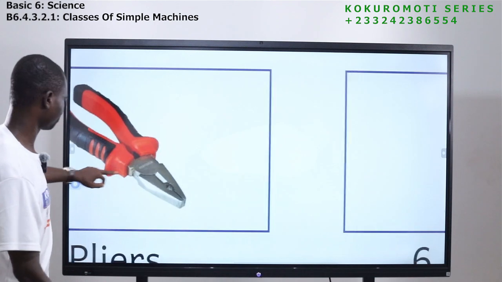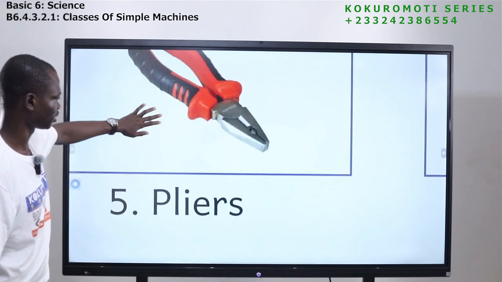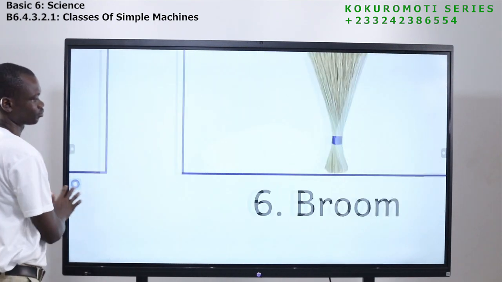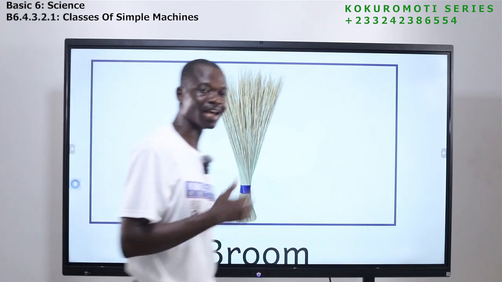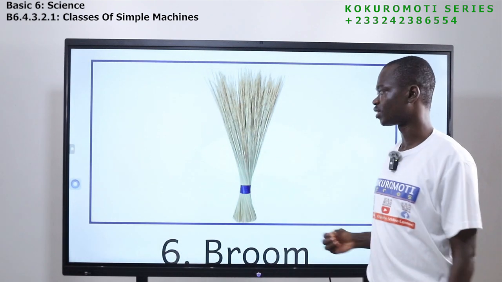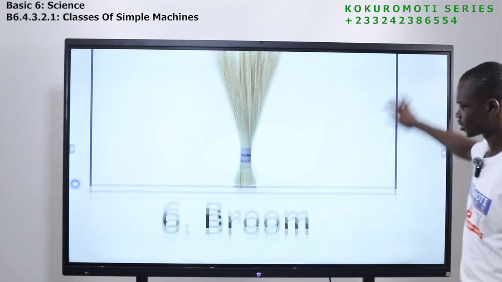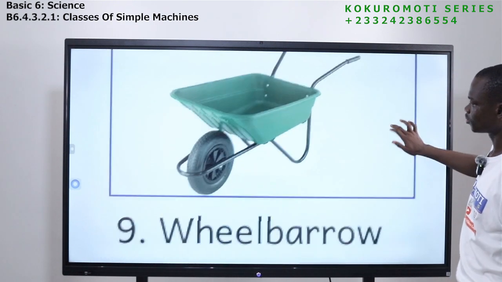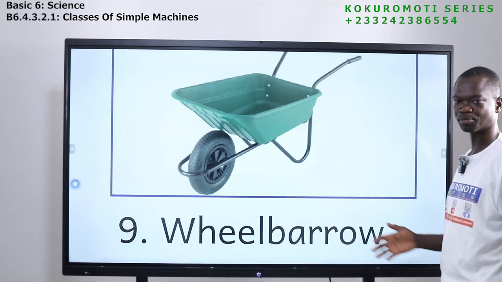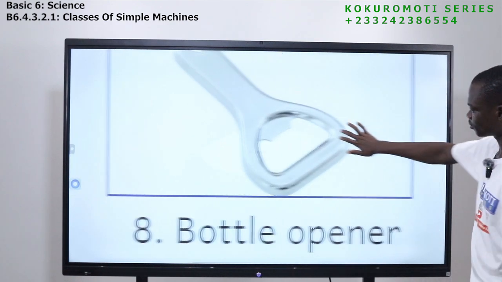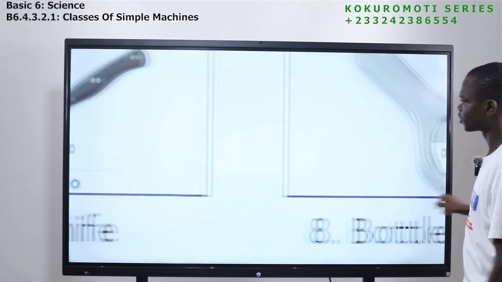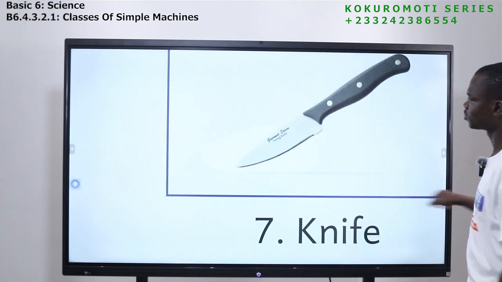And then we have plier. We have broom. Yes, broom too is a simple machine and it belongs to the lever class. We have wheelbarrow. Wheelbarrow too is a simple machine and it belongs to the lever class. We have bottle opener. We have knife.